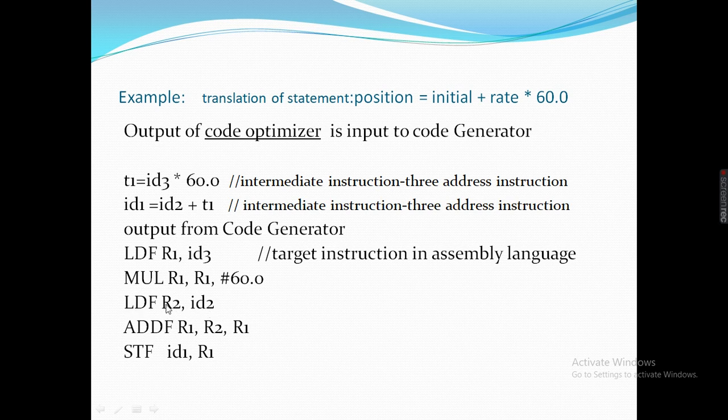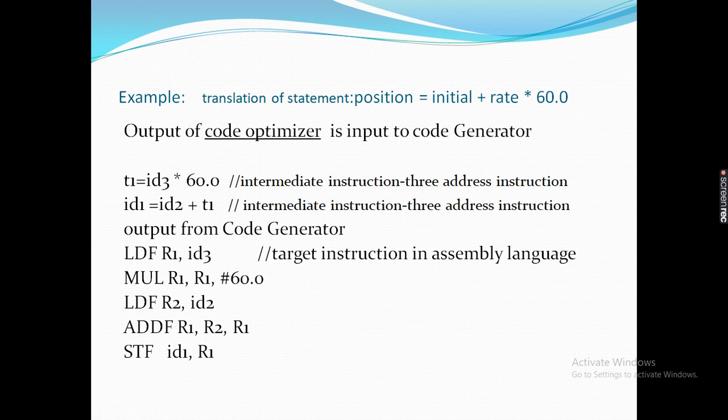The meaning of this instruction is load the value present in identifier 2 into register R2. Next we have to add ID2 plus T1: addf R2, R1, R1. For addition choose the addf instruction, add floating point, where F means floating point number.